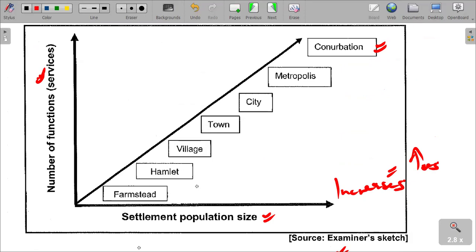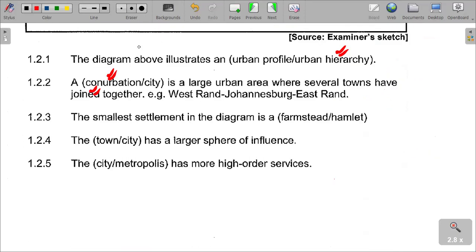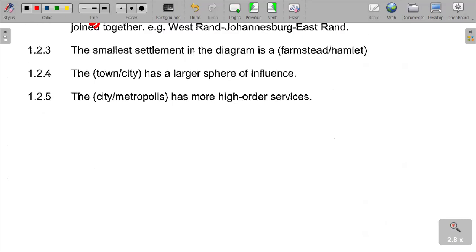The population size is extensively big, and therefore we call that a conurbation. A conurbation can be given to identify large urban areas where several towns have joined together.